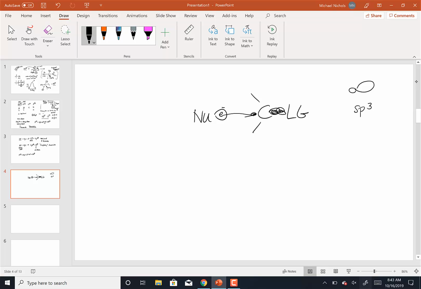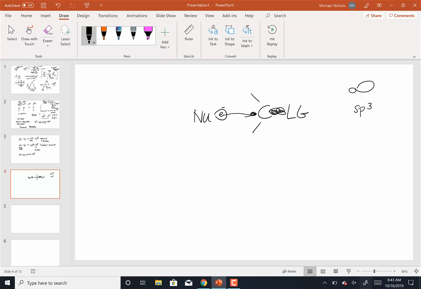As it does that, the orbital gets bigger, the atoms flatten out, then this leaving group leaves with its orbital, and the bonds flip to the other side. So it's this orbital overlap of the little teeny tiny sp3 hybrid orbital with the nucleophile's orbital that contains the lone pair of electrons.